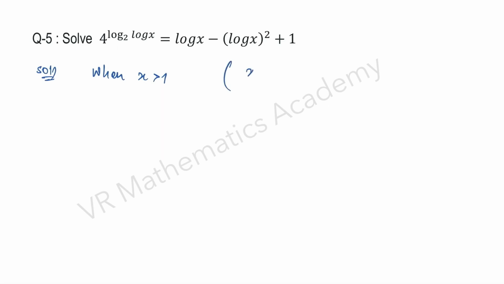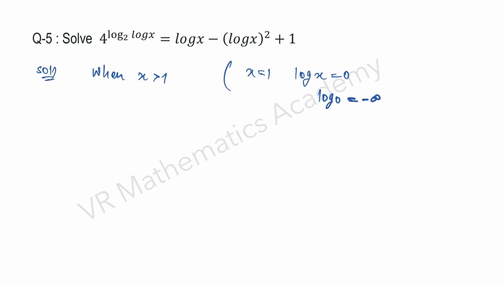Why? Because if x equals 1, then log of x will be equal to 0. And when log of x is equal to 0, then we know that log 0 will be equal to minus infinity. So that's why we will not take x equal to 1.